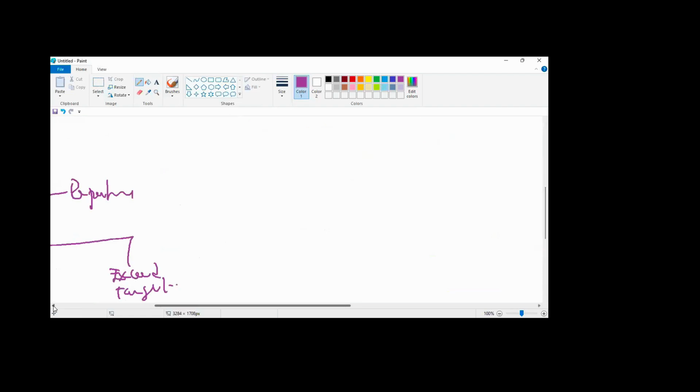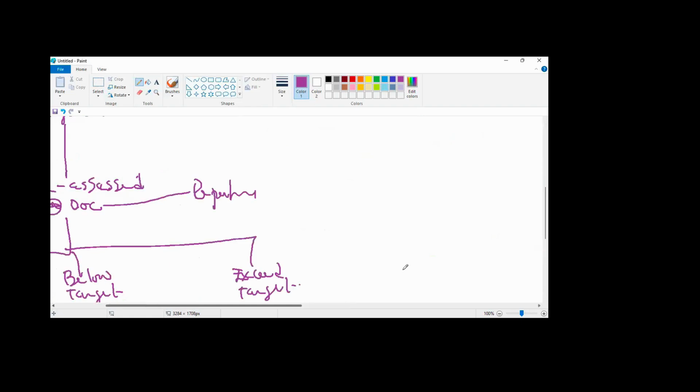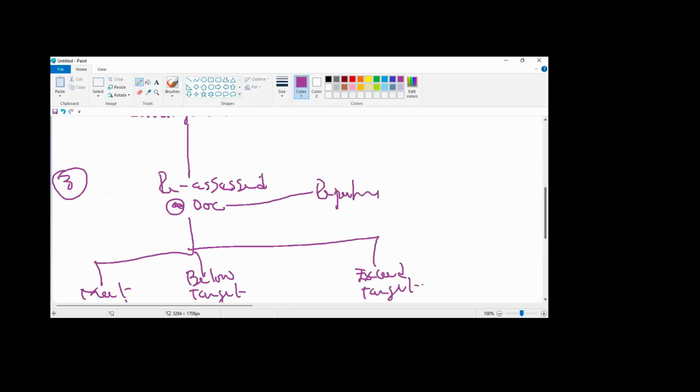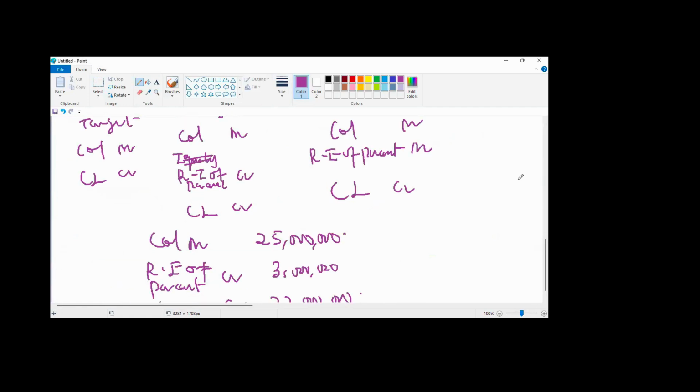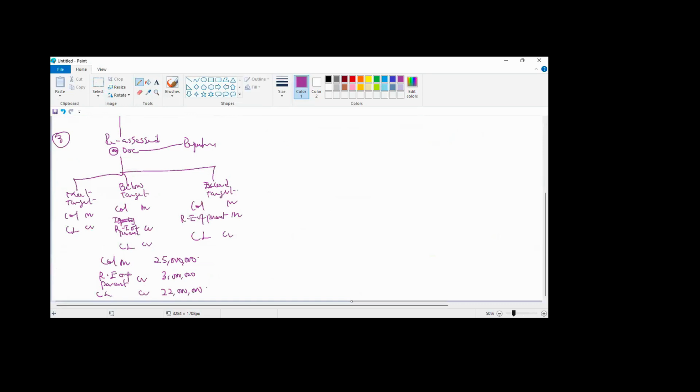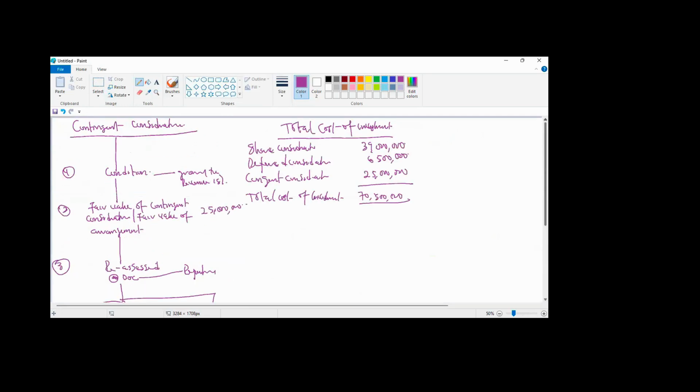The contingent consideration, what you need to know along with the condition. Yes, we put 22 million in liability, because it's not paying 25 again.